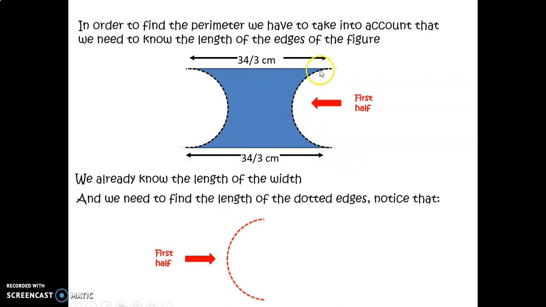So we use this part and we place it in here like making a puzzle, and this part is going to be the other half of a circle, and we unite this part with this one, we're going to have a complete circle.